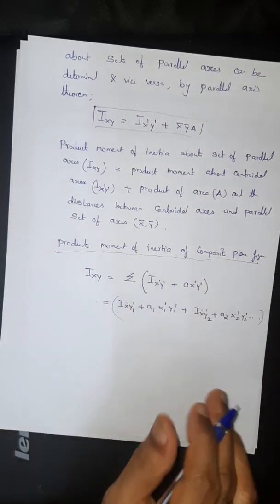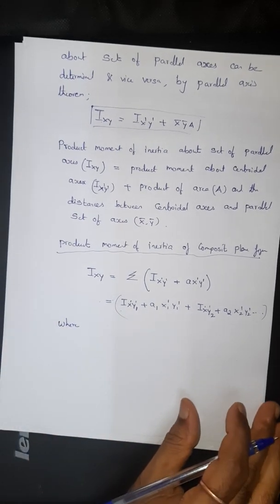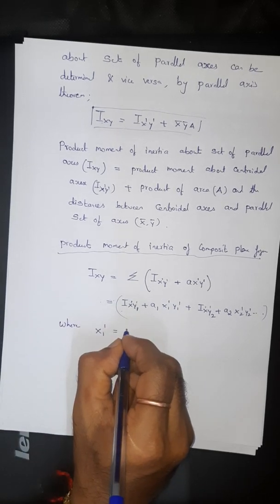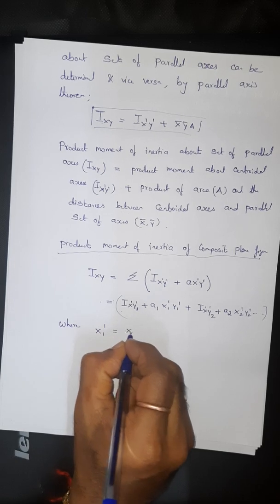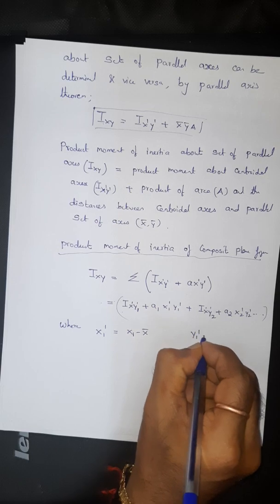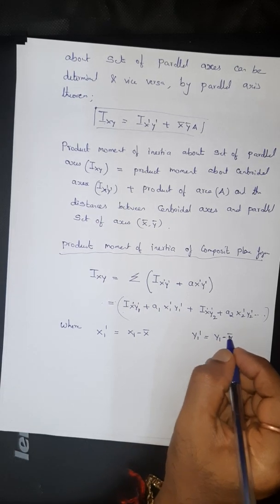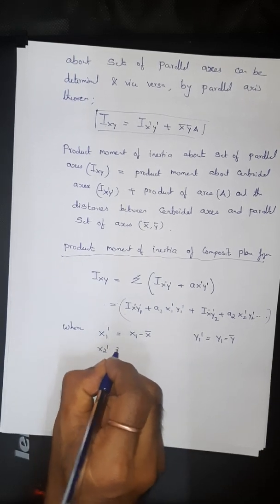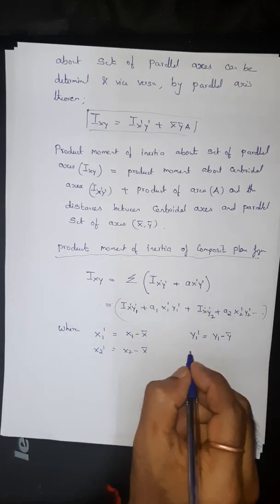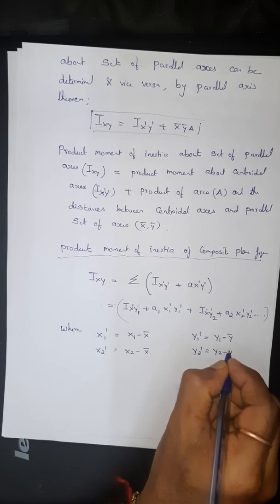Here x1 dash is equal to x1 minus x bar, similarly y1 dash equals y1 minus y bar. Then x2 dash is x2 minus x bar, and y2 dash equals y2 minus y bar.